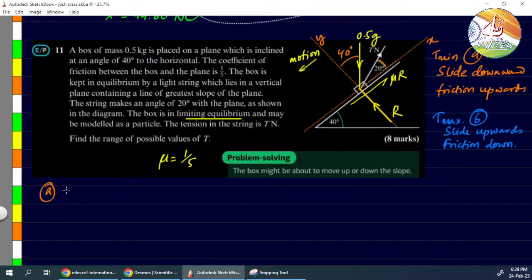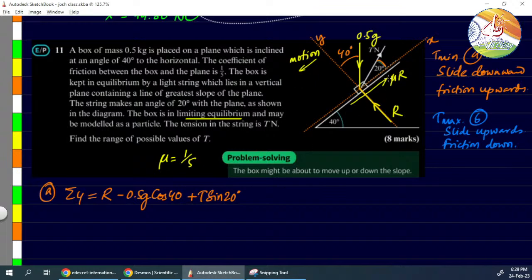So first sigma y, what are the forces? R is acting upwards. Component of 0.5 g, that is cos, this is acting opposite to y, negative y direction, so negative. Tension is going upwards. We want y component, which will be T sine 40, sorry, T sine 20, and it will be acting in positive y direction, so positive.